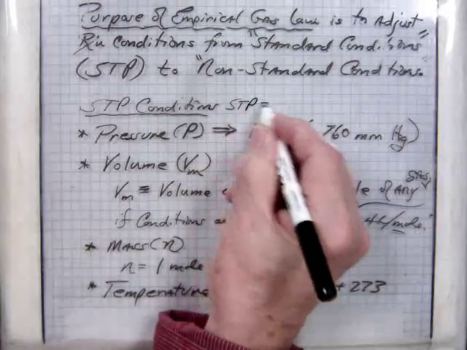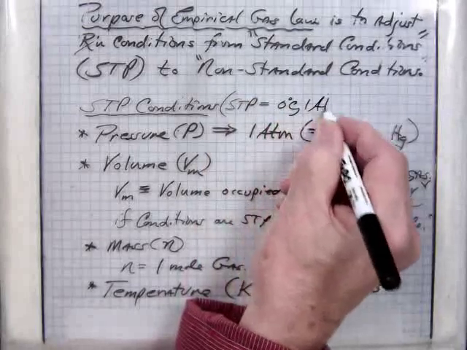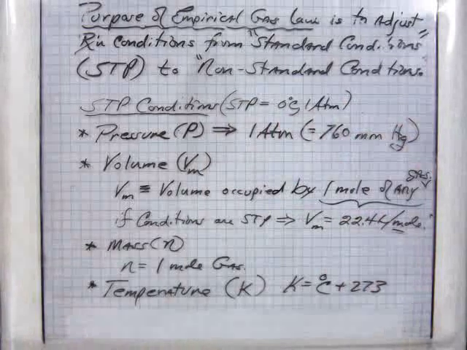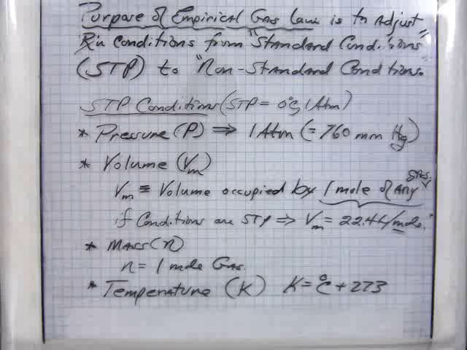STP, people will just generally say 0 degrees Celsius and 1 atmosphere. And then, of course, you just remember the 1 mole and molar volume, the mass, and it corresponds to the volume. That's a very important statement, so listen to what I just said. In any of the gas law systems, when you're talking about the variables, mass relates to volume. 1 mole is 22.4.